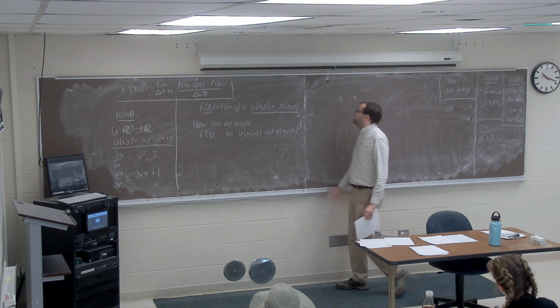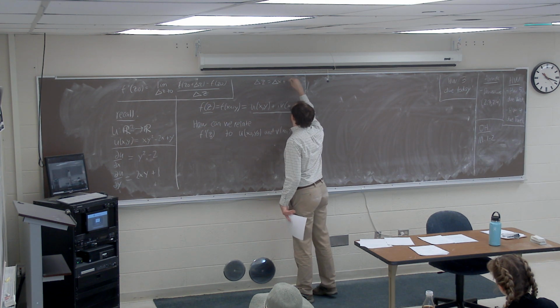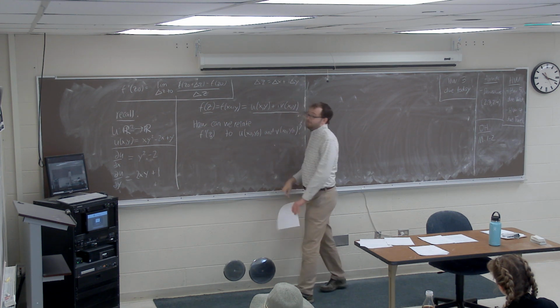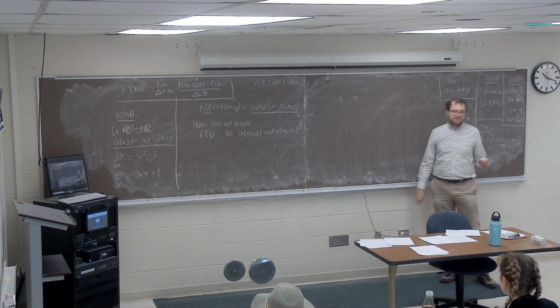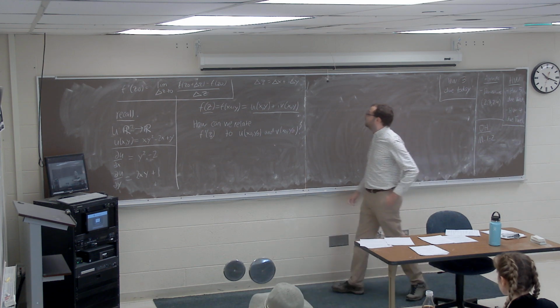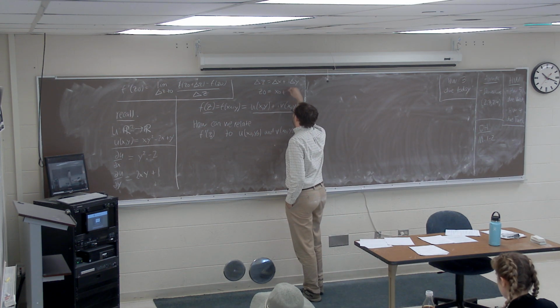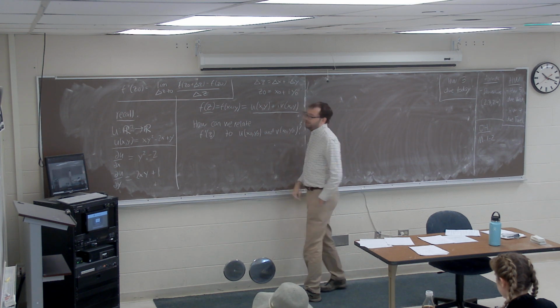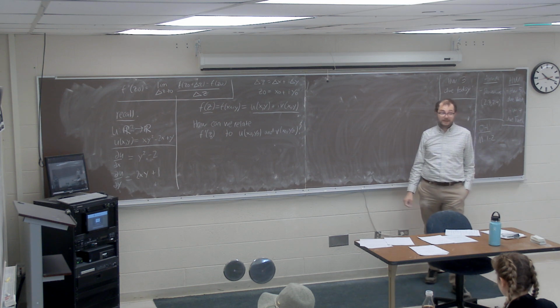Once again, we're going to break up delta z into real and imaginary pieces. Delta z we can represent as some delta x plus i times delta y. And similarly, z naught we're going to break up into real and imaginary components, where z naught corresponds to some point in the complex plane.